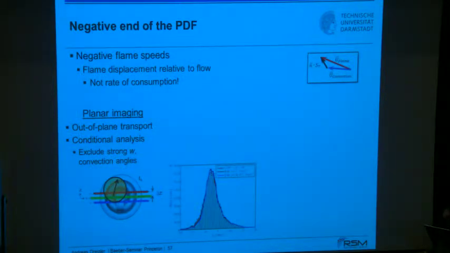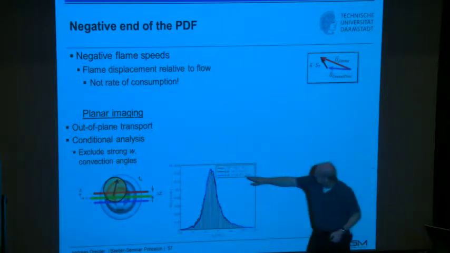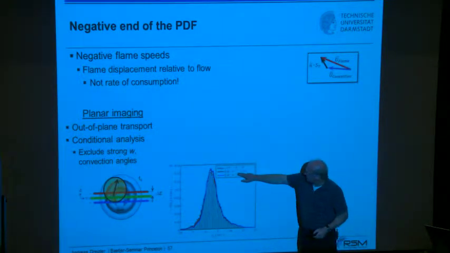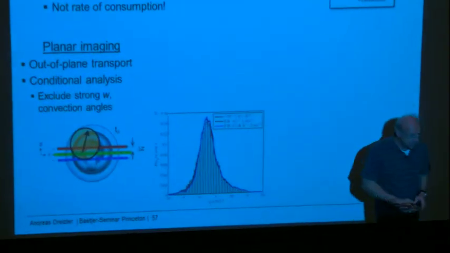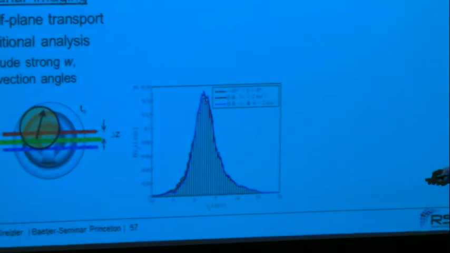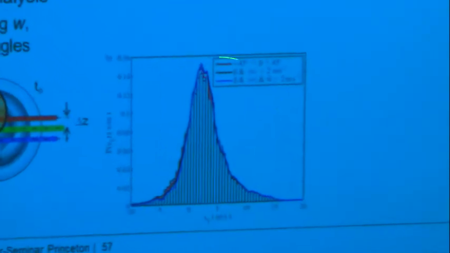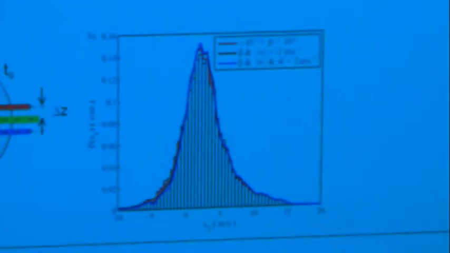Then using the same data, but by this condition excluding a certain amount of data, for example, that are outside a certain range of angle between convection and displacement, or taking only those out-of-plane velocity realizations with lower than 2 meters per second, which is rather low, then you find histograms or PDFs that look rather similar.